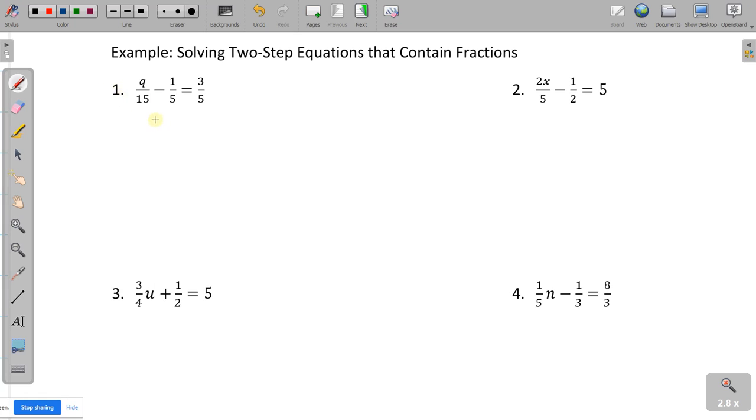We do the opposite, so we're going to add 1/5 to both sides. It cancels out, leaves us with q over 15 equaling 3/5 plus 1/5. Add the numerators. 3 plus 1 is 4/5.